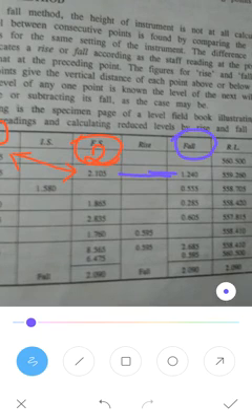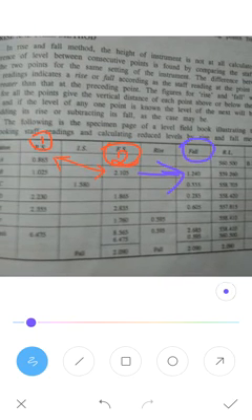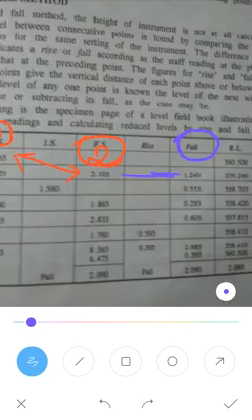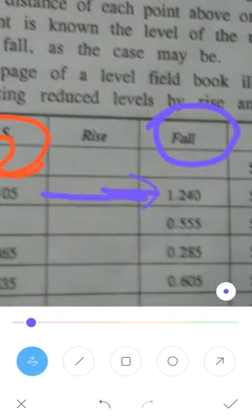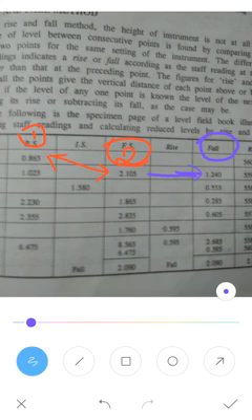So write it here: 1.240. After subtracting, you will get this. So 8.675 minus 2.105, you will get 1.240.